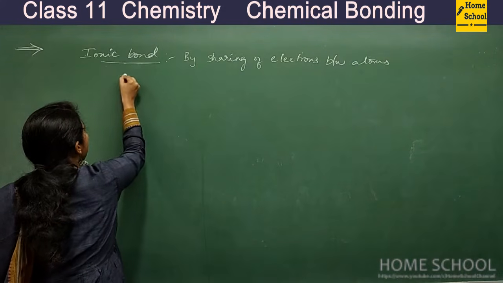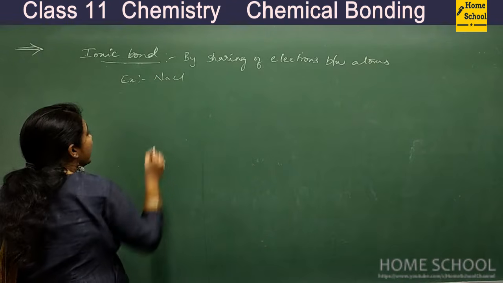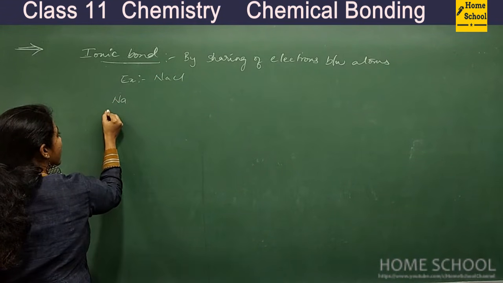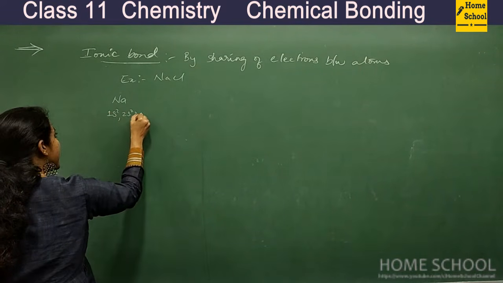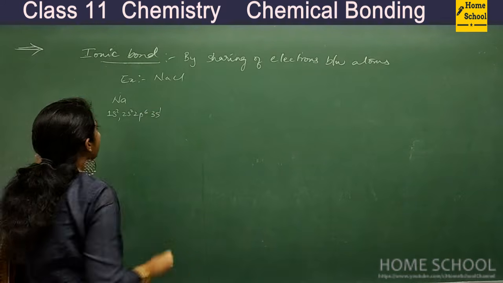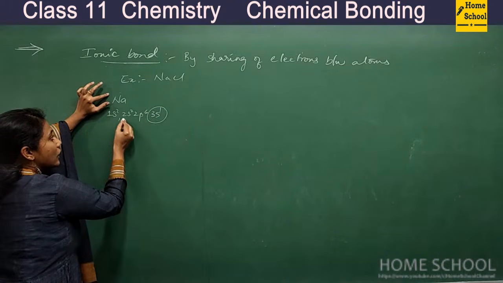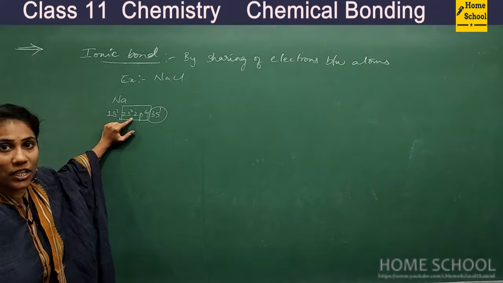Clear? See, take the example of forming the NaCl molecule. Na is the atom which has electronic configuration 1s2, 2s2, 2p6, 3s1. If this sodium atom loses this one electron, it gets 8 electrons in its last shell.